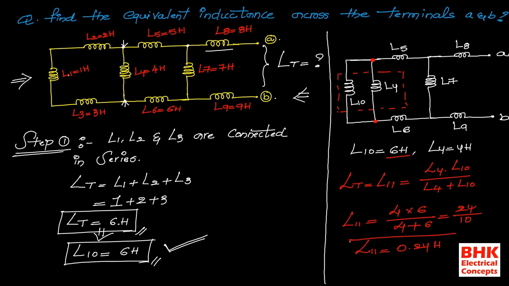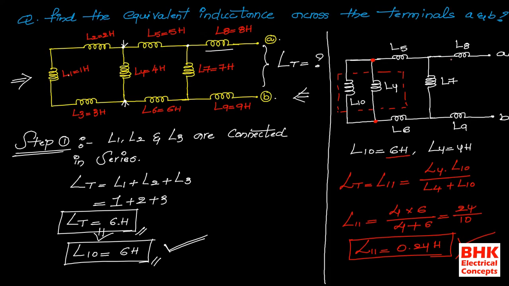This is the value of the new inductance when finding the parallel combination of L4 and L10. L11 is the parallel combination of these. Now I am placing this L11 instead of the parallel combination of L4 and L10 in the actual network again.